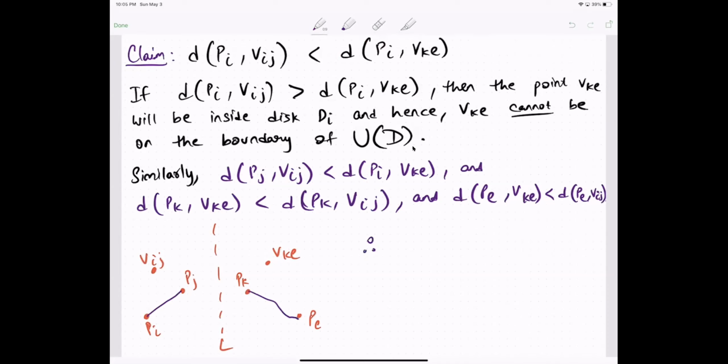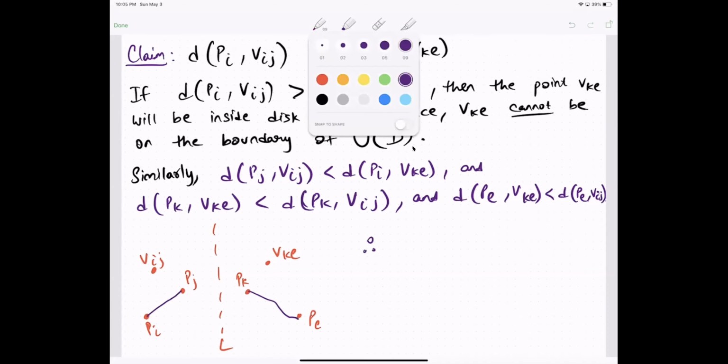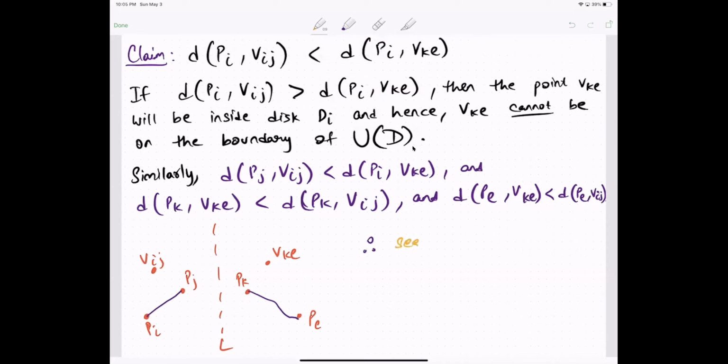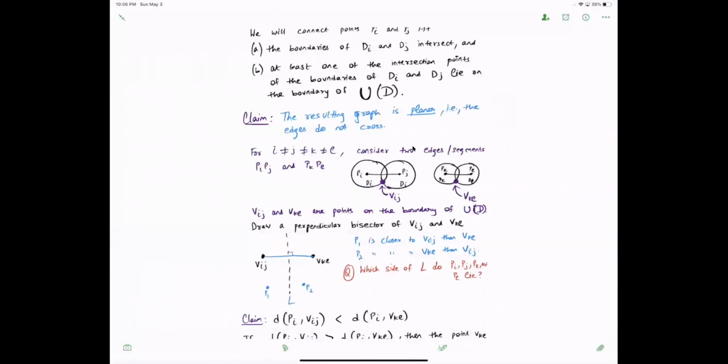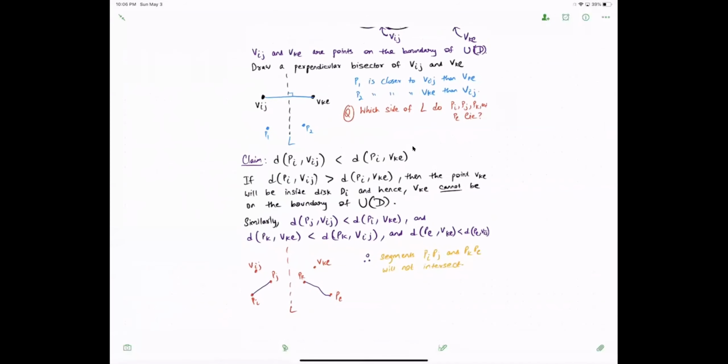That therefore, segments Pi, Pj and Pk, Pl will not intersect. Okay, good. So now, because they don't intersect, we can happily claim that this graph is planar.